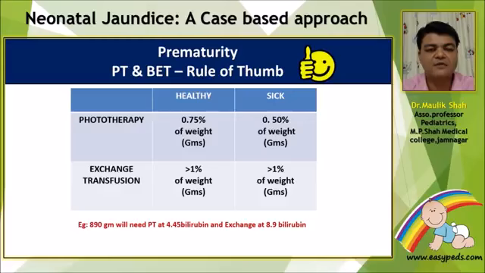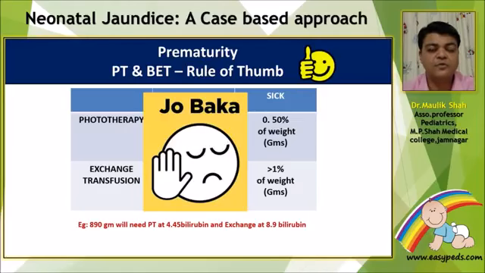If the baby is sick, we will consider it at 0.50% of the birth weight in grams. Exchange transfusion is considered when the bilirubin level is more than 1% of the birth weight in grams. For example, an 890 gram baby will need phototherapy at 4.45 mg per deciliter of bilirubin, while exchange transfusion must be considered when it crosses more than 8.9 mg per deciliter of bilirubin. Well friends, this is called a rule of thumb, but I don't know whose thumb it is.